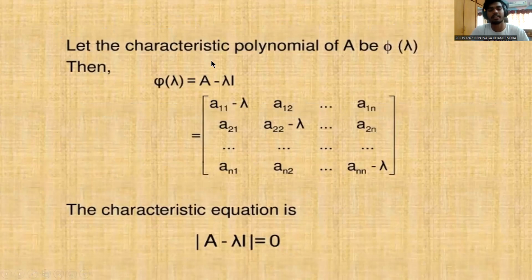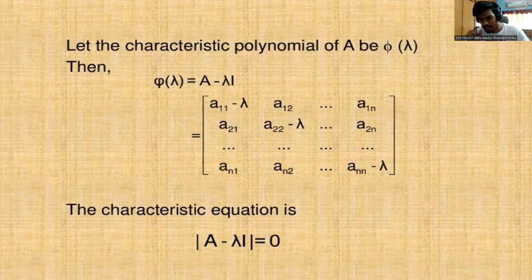The characteristic polynomial psi of lambda equals the determinant of A minus lambda I. We take I into lambda separately and subtract it from A. So a11 minus lambda and a12, because in the identity matrix only the principal diagonal has ones. So if you multiply with lambda, only those principal diagonal elements will multiply with lambda. So when subtracting from A also, only the principal diagonal elements will have lambda subtracted. The characteristic equation is the determinant of A minus lambda I, which is equal to 0.